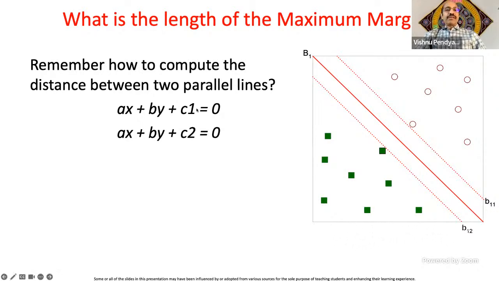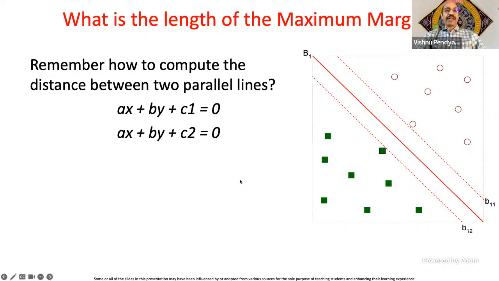Given two parallel lines, let them be ax plus by plus c1 and ax plus by plus c2. To simplify the discussion, we'll only consider the two-dimensional case in the beginning, and we'll extend it to multiple dimensions. So take two parallel lines, the dotted lines on either side of the solid line, ax plus by plus c1 and ax plus by plus c2 equal to 0.